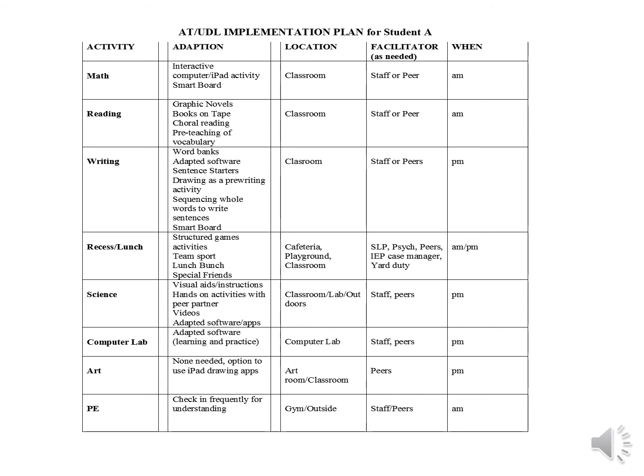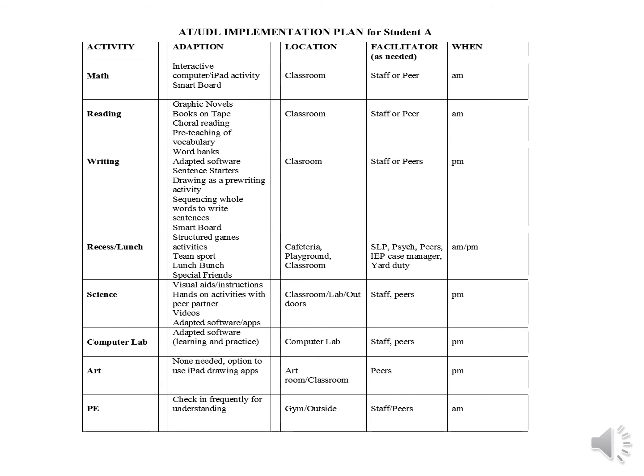If we go down to the next activity, which is reading, the student is going to be using graphic novels. And for those of you who aren't familiar with graphic novels, they're novels that just provide lots and lots of visuals, pictures, kind of like a cartoon type of a book, but really providing that visual support the student needs.